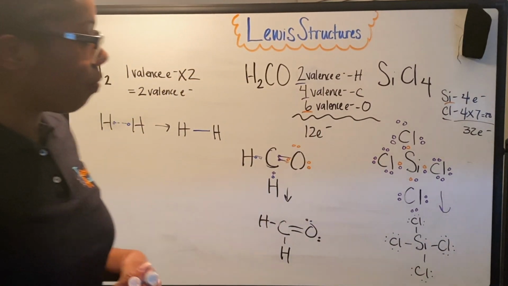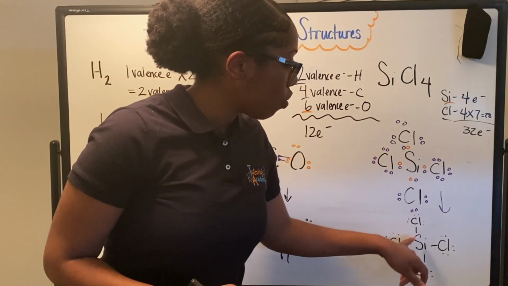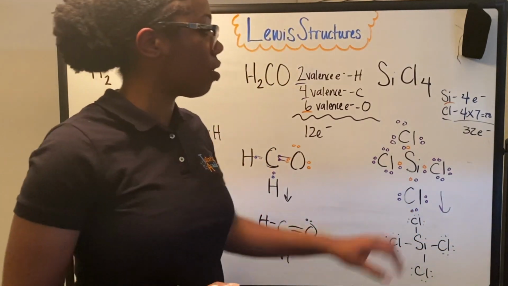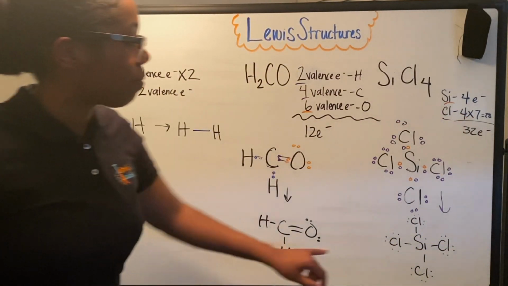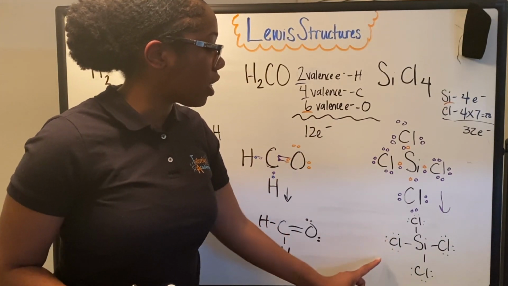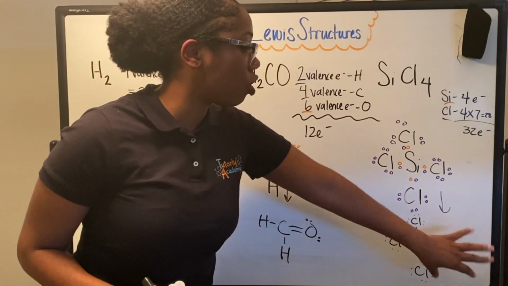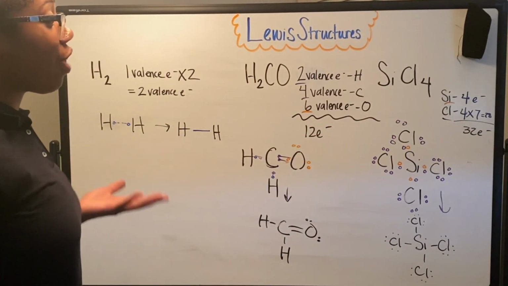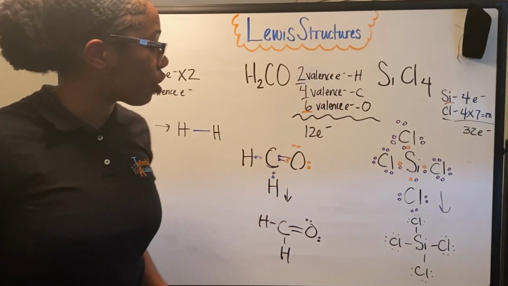All right, so let's see. 2, 4, 6, 8, or you can just do it this way. 8, 16, 24, 32. 32 electrons because there's 2 here and then there's 6 here. So that's 8, 16, 24, 32, which adds up to the total that's there. So therefore, our Lewis structure is correct.